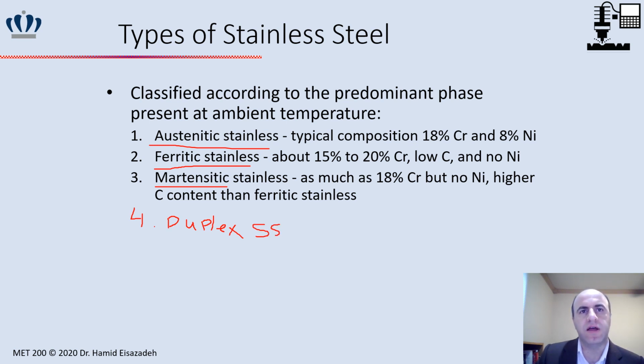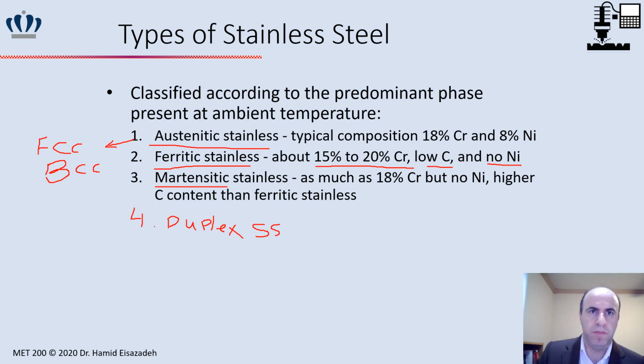In austenitic stainless steel, the microstructure or phase is going to be austenite, as it says, and the crystal structure is FCC. In ferritic steel, we have no nickel, chromium, and low carbon, and the material is going to be in the BCC crystal structure.